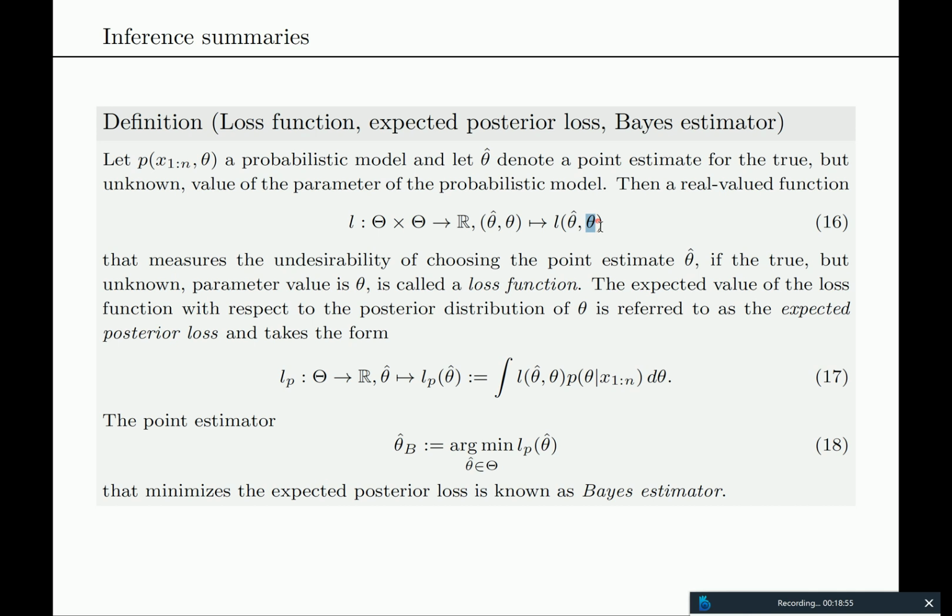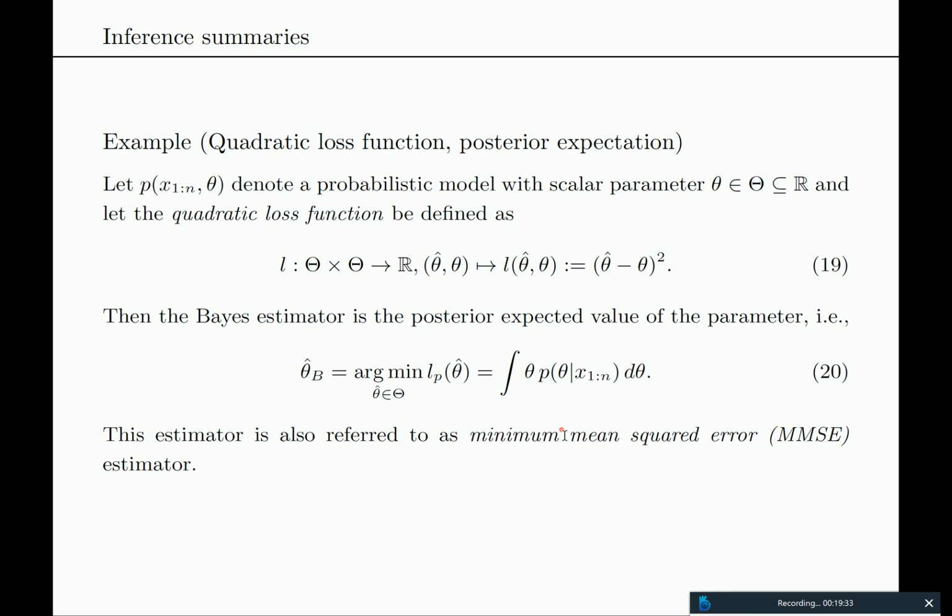If they are not the same, I have to specify how much loss I want to associate with that. And this is like the 0-1 loss, or the squared error loss, or the absolute error loss. And then what you have from Bayesian inference is always the posterior distribution. So what you need to do is integrate over all the possible true but unknown values which you described with your uncertainty. So you don't ever have to really calculate anything with this theta, because you integrate over it.